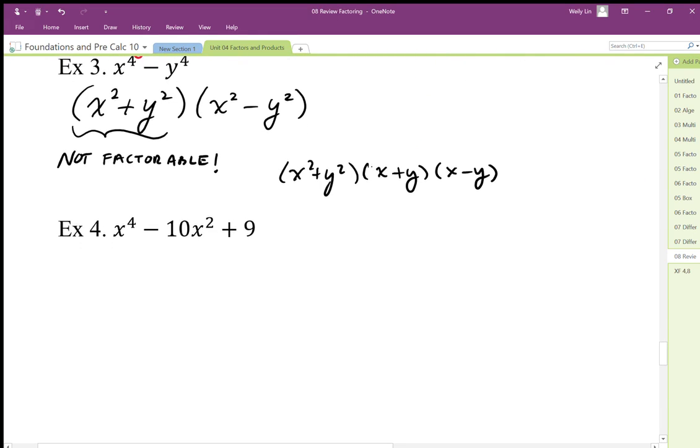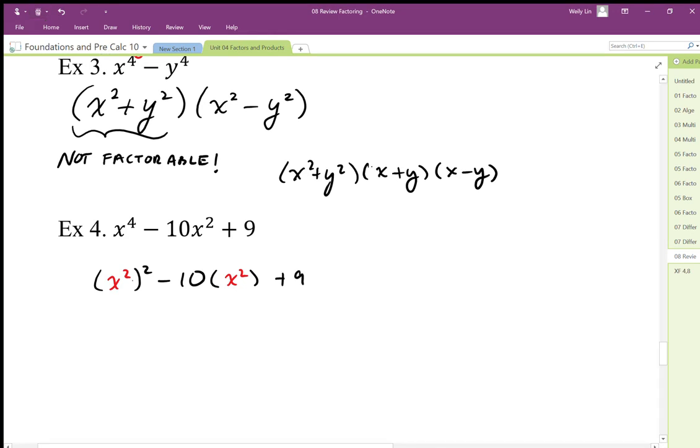Here we have power 4, power 2 in a linear term. Well, that doesn't look like a quadratic, but in fact, if we rewrote this as x squared minus 10 times x squared, we can just think of it as 1 power of x squared, plus 9.